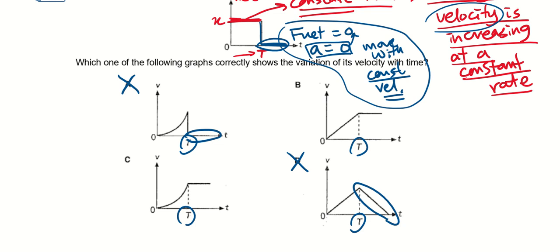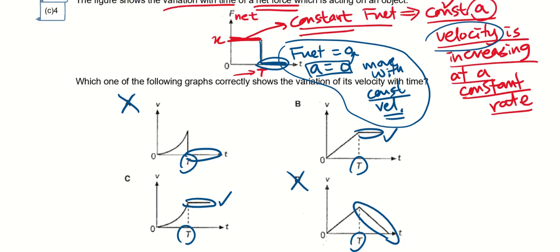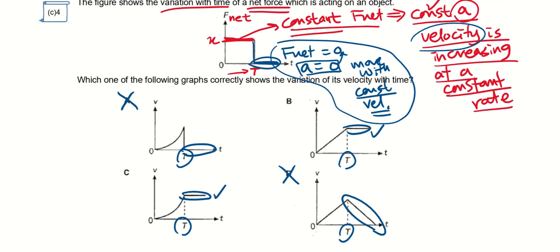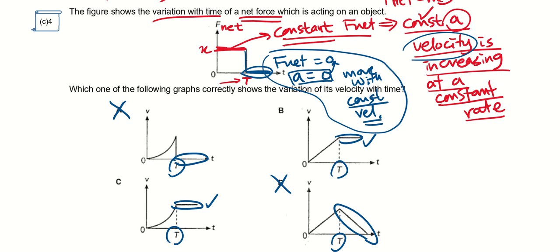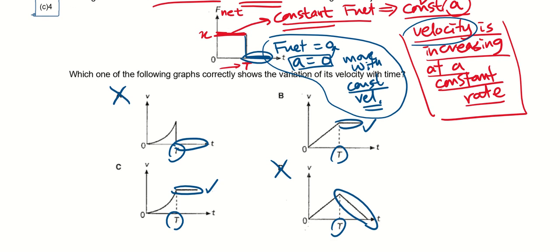That means I'm looking for C or B. So now that we have eliminated A and D, let's look at B and C to see which one is the correct answer. Then we have to look at the red color part, whereby they say that the velocity is actually increasing at a constant rate. So which one is it? Definitely B. So the answer is B.